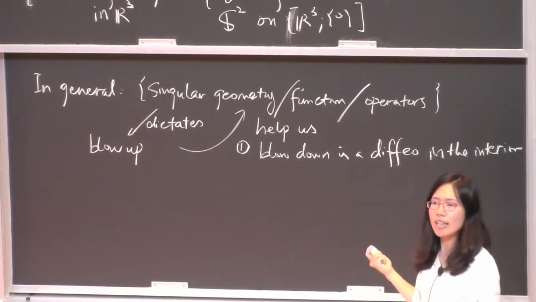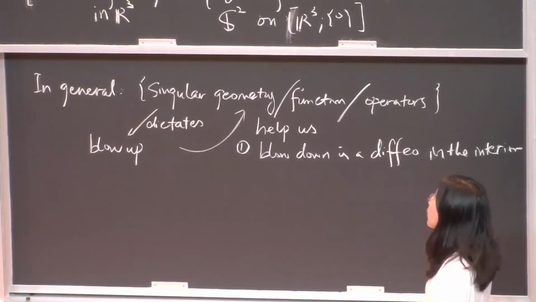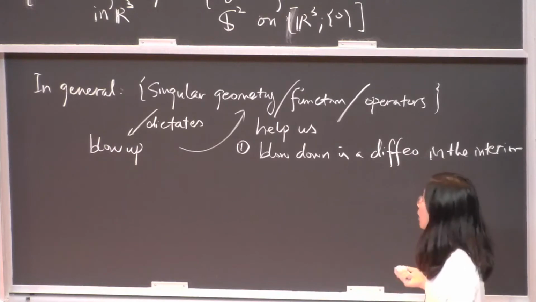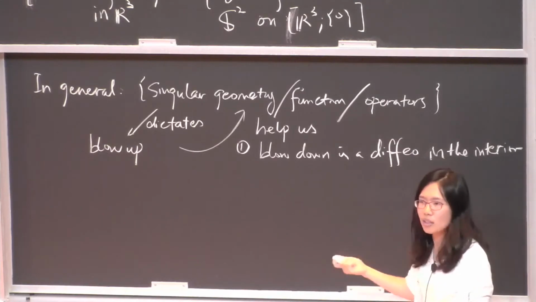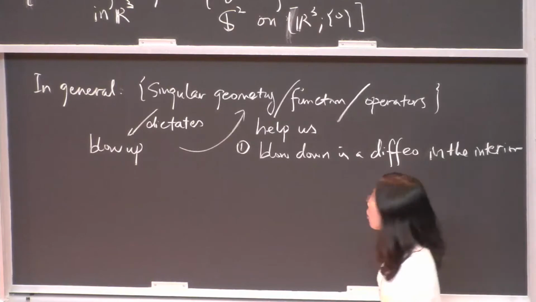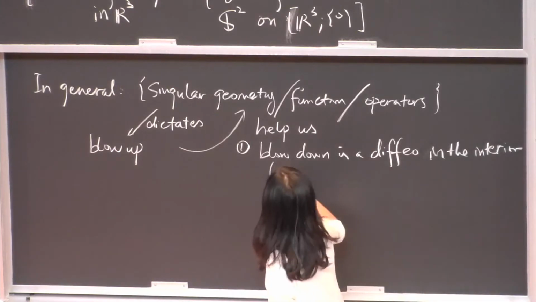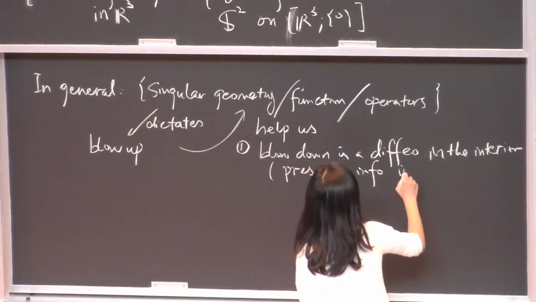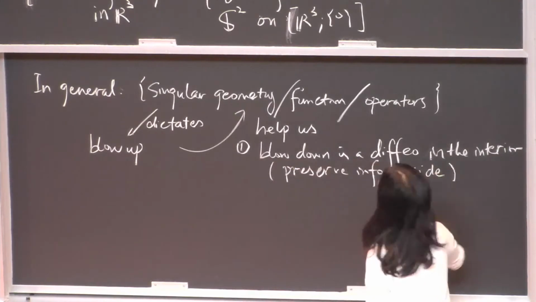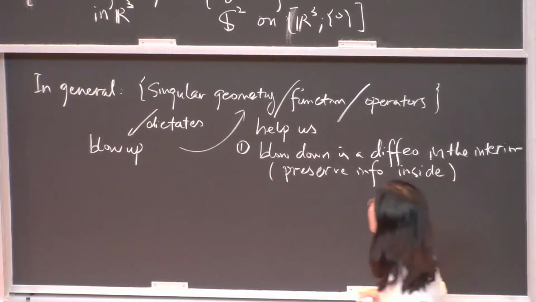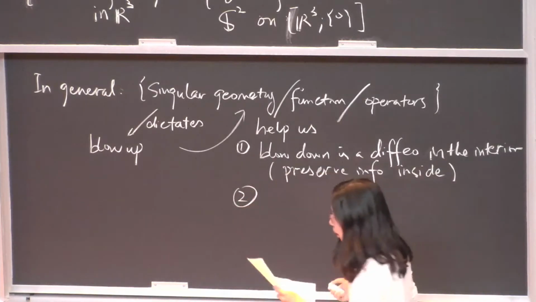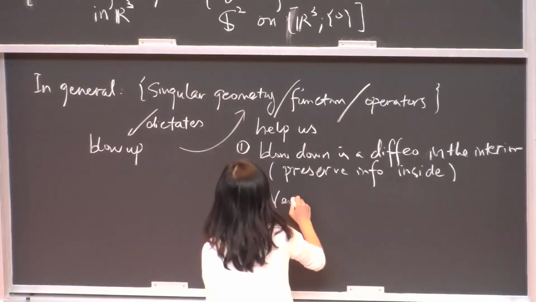So that's a new understanding that we can get. And sometimes you can get, say, an asymptotic expansion near this singularity, and that also holds in the interior, which is the original space that we care about. So this diffeomorphism would preserve information inside. Okay. Now, the second part that will help us is that we have those new boundary faces.